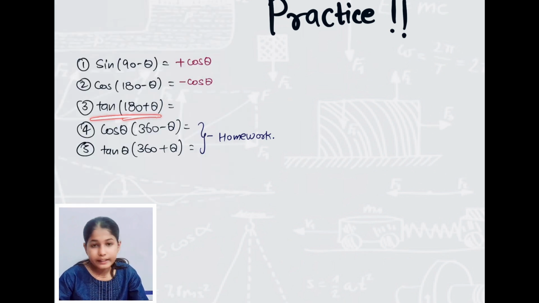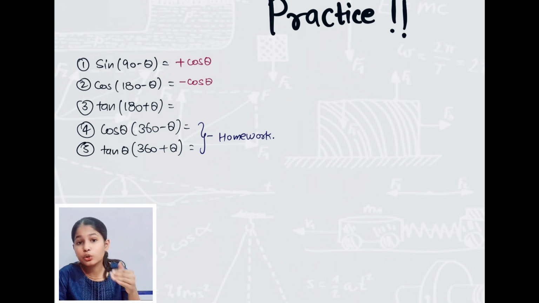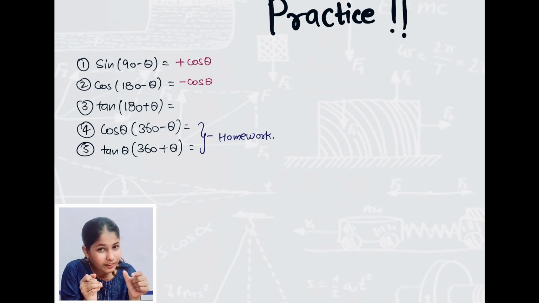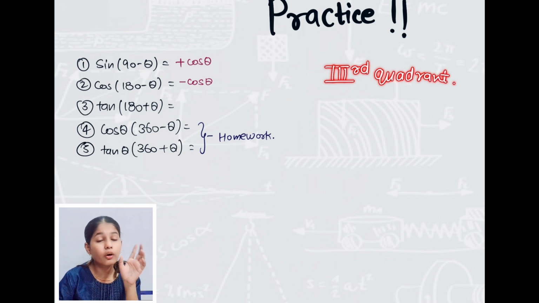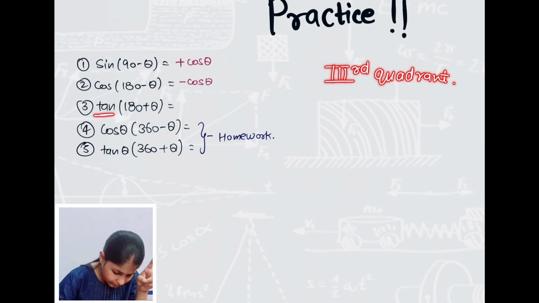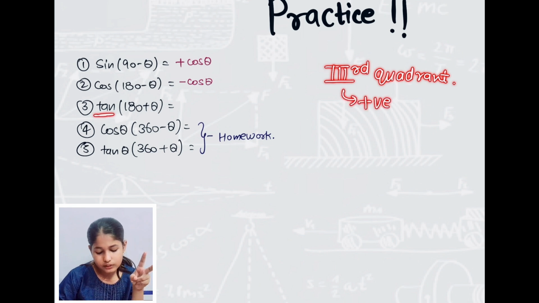Tan 180 plus theta means the angle should be greater than 180 degrees but less than 270 degrees. Is this the third quadrant? Yes, of course. This is the third quadrant, and in the third quadrant only tan theta and cot theta are allowed to be positive. Here you can see this is tan theta, so it will remain positive.